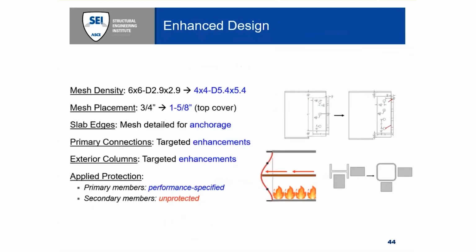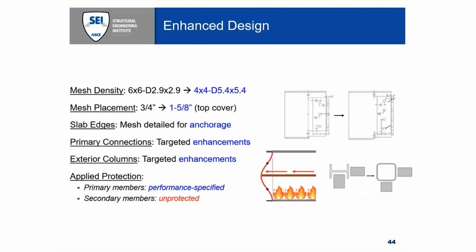So these are the type of targeted enhancements, and we try to keep them as modest as possible, that we implemented based upon our understanding of the fragility of the nominal structural design, even though all the members were fireproof. First, we increased the mesh density modestly. We also lowered the mesh within the slab to a level by which it still serves its serviceability crack prevention requirements, but increases the effective lever arm of the mesh acting as the floor undergoes large deflection.